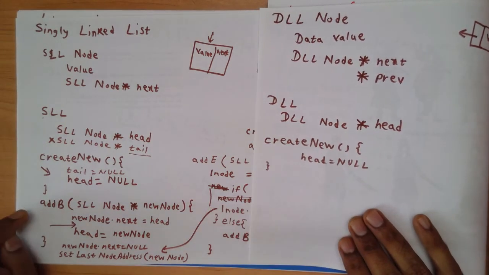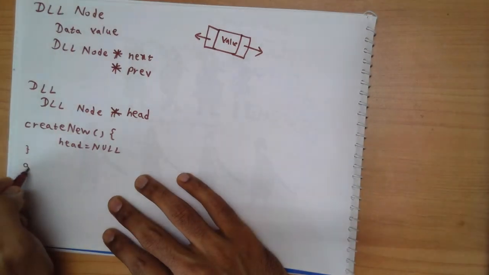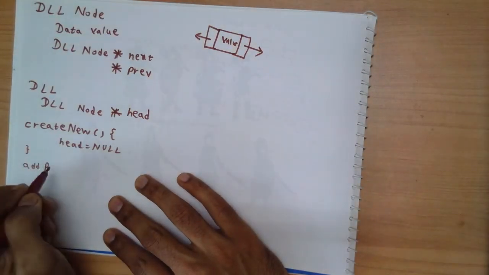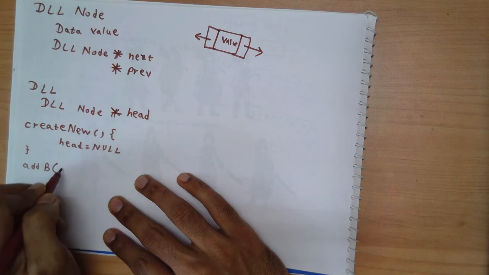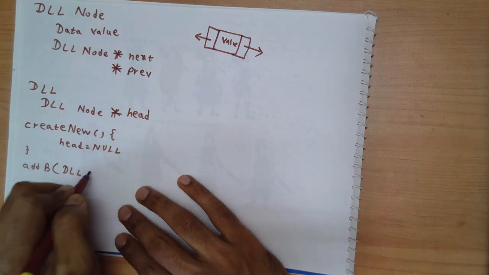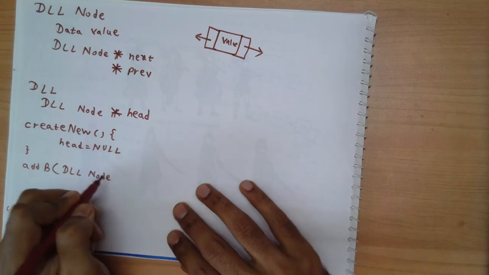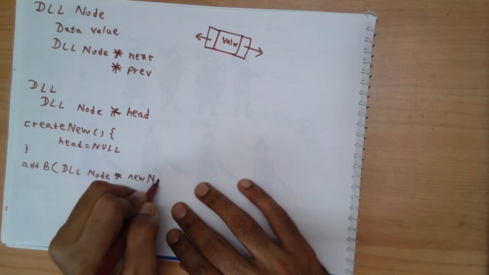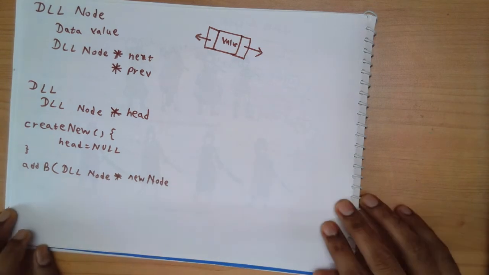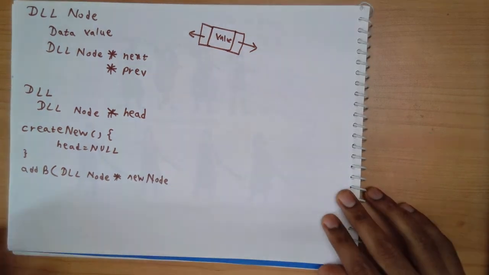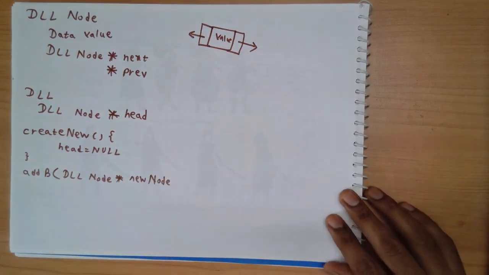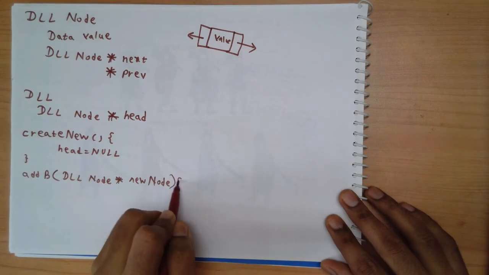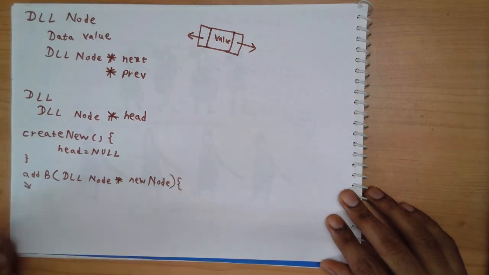Now let's try to add an element at the beginning. I have the doubly linked list node pointer, and let's call it new node. Most of the things are going to look quite the same as the singly linked list, but there will be a few differences. What should we do?